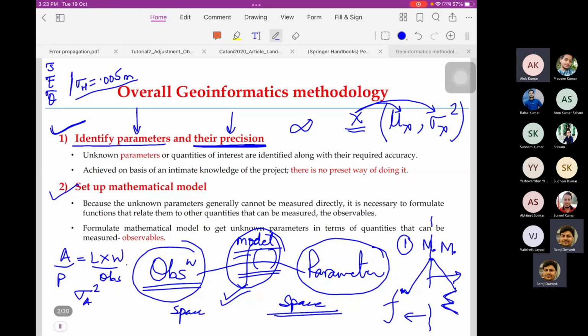Sir, we can refer to exercise question number 7.3. In which one? So 7.3, the previous assignment.